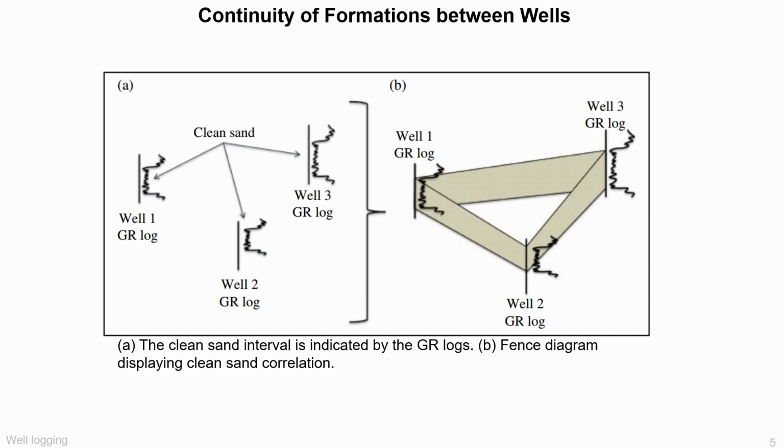This is very important because one well only tells us what happens at one location. Reservoir development requires understanding how layers continue, pinch out, or change laterally between wells. Log correlation is therefore one of the major tools for building reservoir architecture and stratigraphic models.